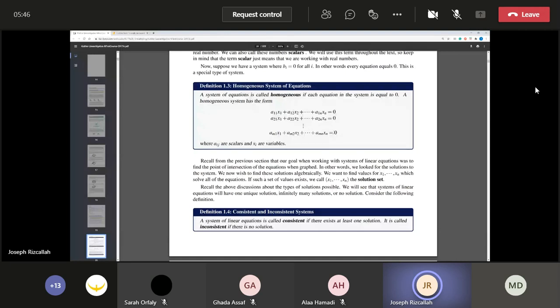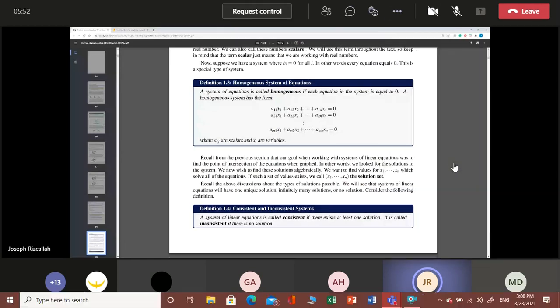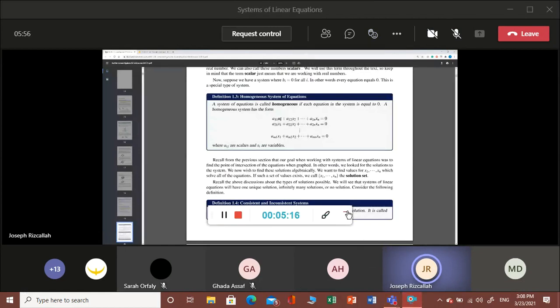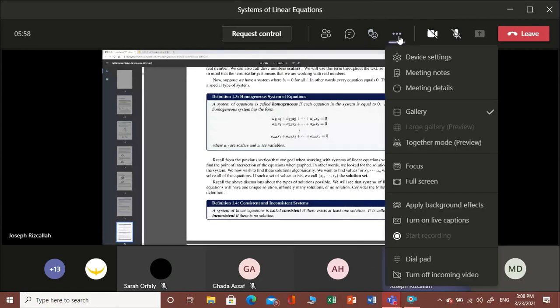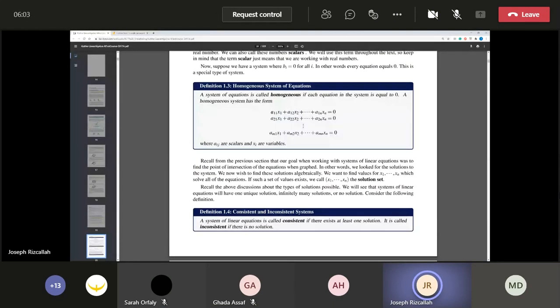This is the case when x1, x2, and all of the x's are just 0. And you can easily see that this is going to be a solution, because if you replace here x1 by 0, x2 by 0, and xn by 0, then the left-hand side will be 0, and it will automatically be equal to the right-hand side. And of course, this is going to be true for the second equation and for all the equations.